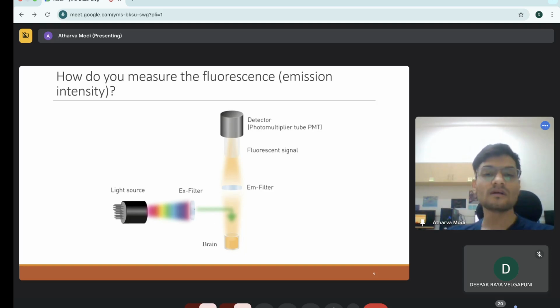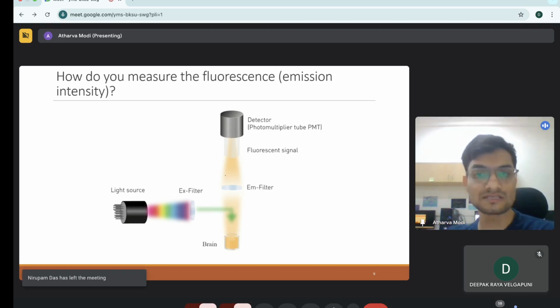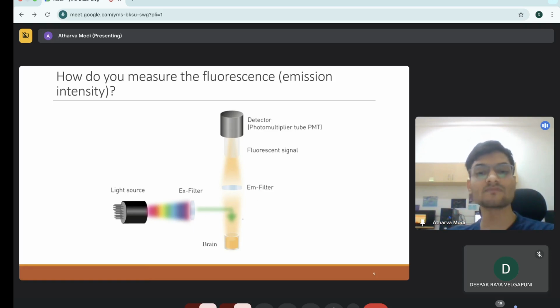It gives out a particular wavelength of light which is shined on the brain, and some emission light comes out, which is passed through an emission filter. You want to measure some particular wavelength. In our case, we were shining blue light and measuring green light. Here they are shining green light and measuring orange.